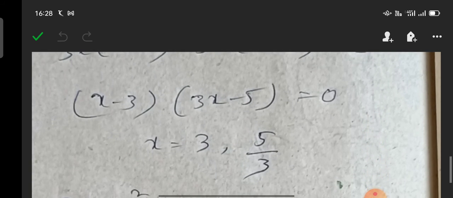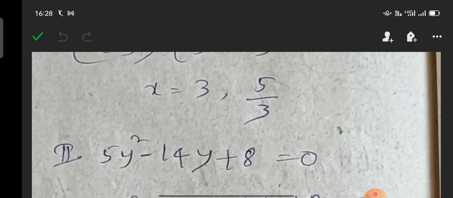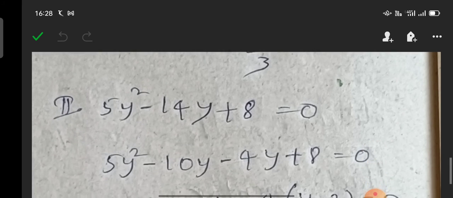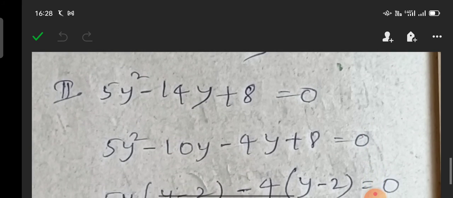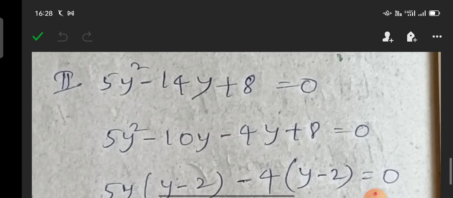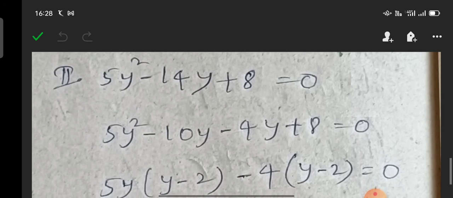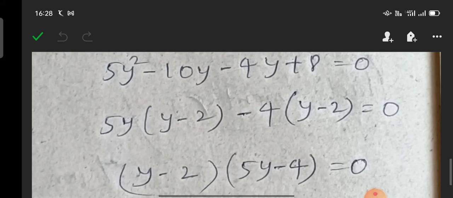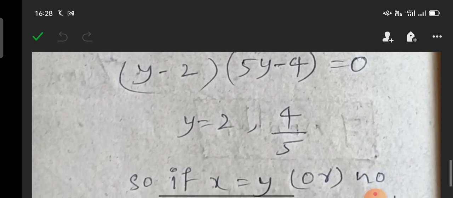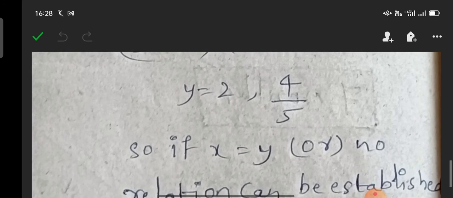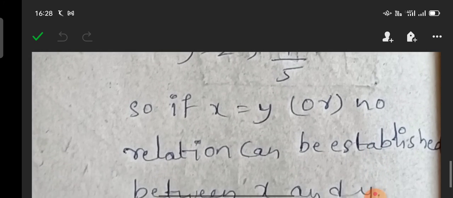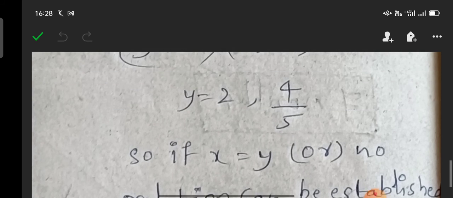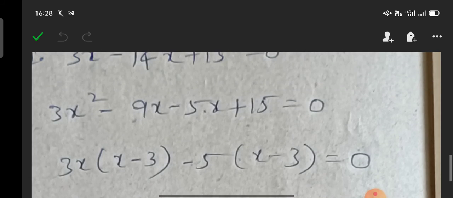The values we got are x equals 3, 5 by 3, and by solving the second statement, y equals 2, 4 by 5. So if x equals y, then no relation can be established between x and y.